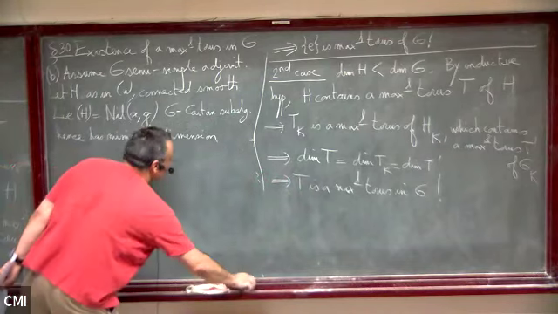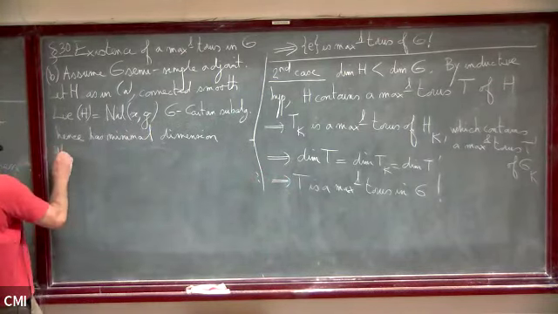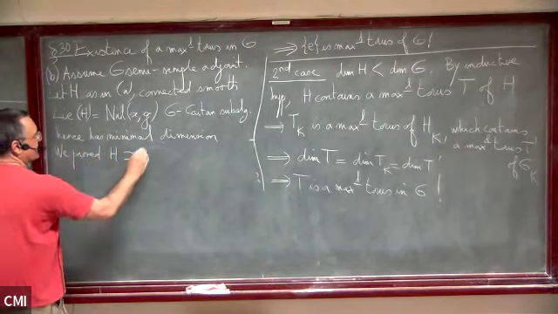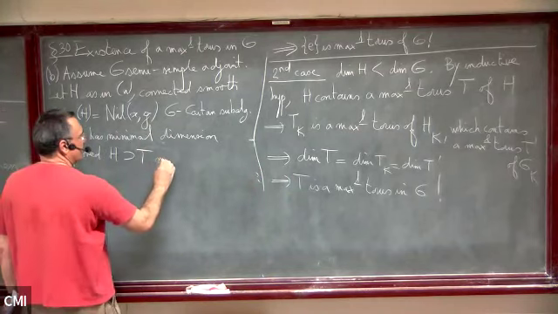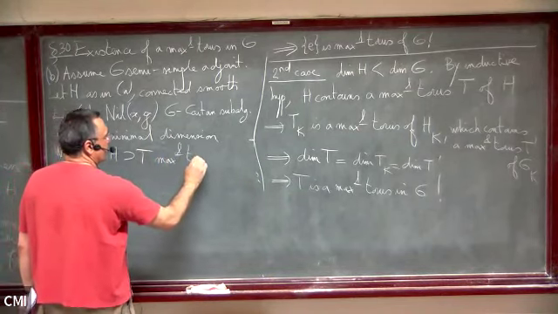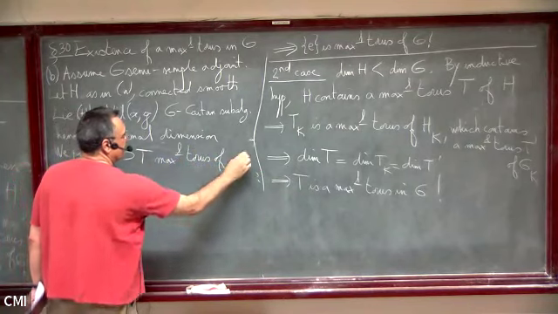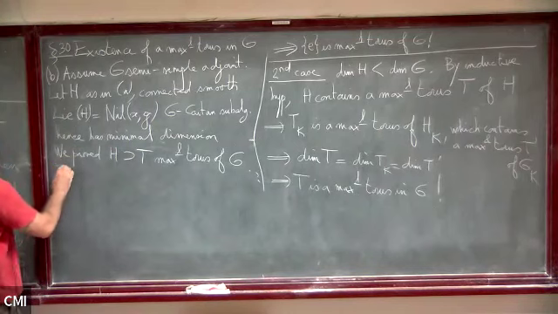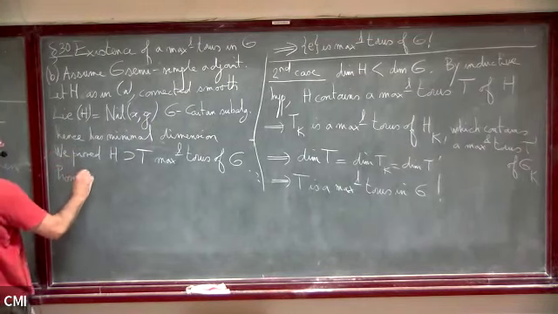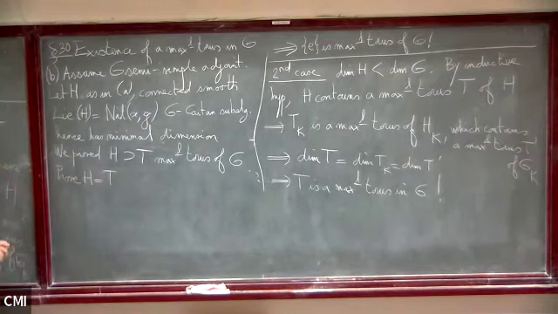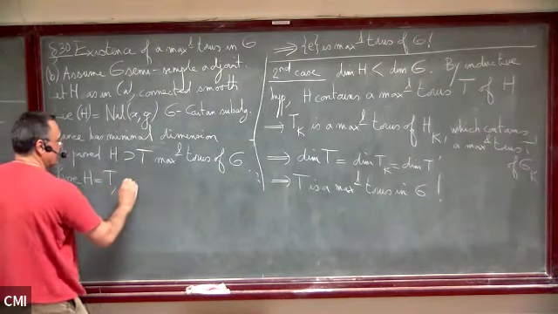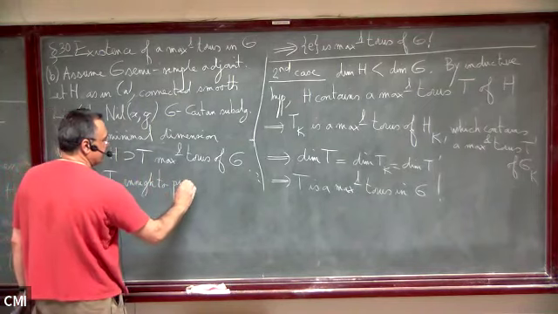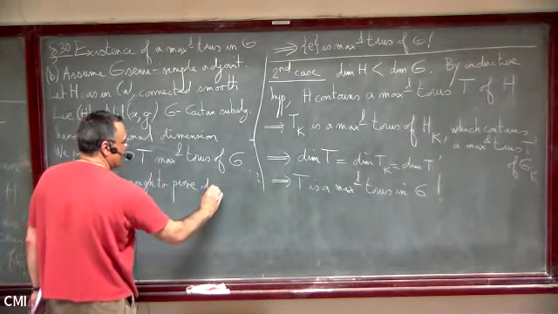Okay, so we just proved that H contains T, which is a maximal torus of G. And we want to prove that they are equal. So it's enough to prove that they have the same dimension.